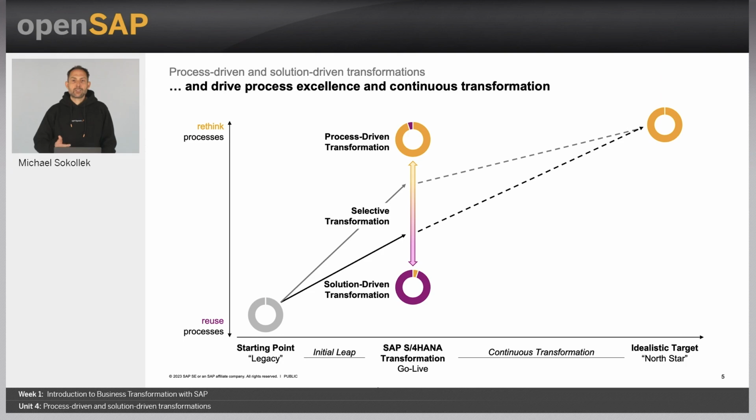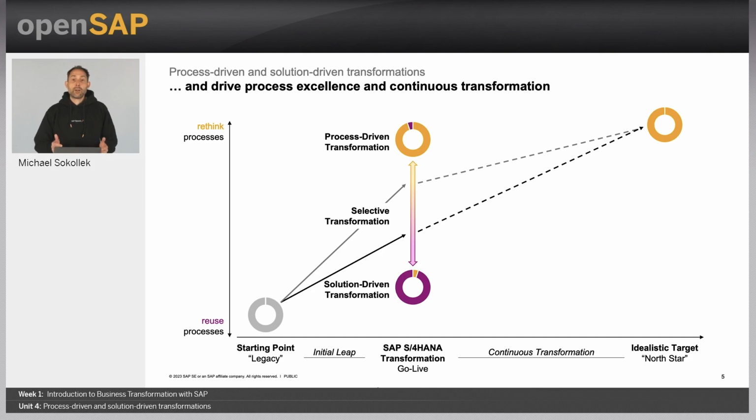Customers start to continuously transform by rethinking processes that they have reused while moving to SAP S/4HANA, for example. This can be also triggered by the need to adapt processes due to new business requirements or by considering new SAP S/4HANA capabilities.